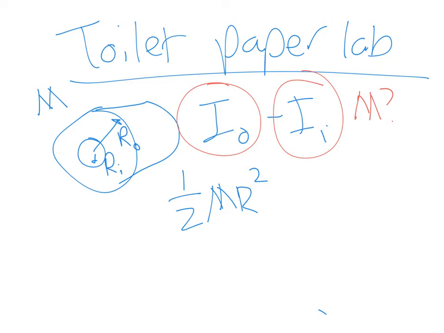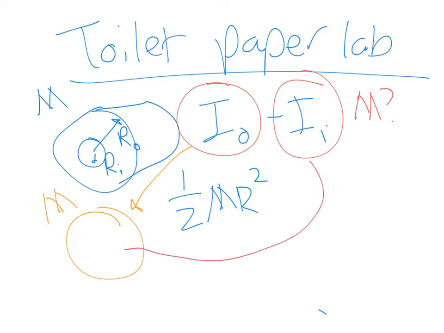Let's say you have one like this. Okay, let's say this guy's over here. You have a cylinder. This is a mass M, right? And you also had this guy. And in addition to that mass, you had, say, like a second one in there. And this also had mass M. Then you could subtract.